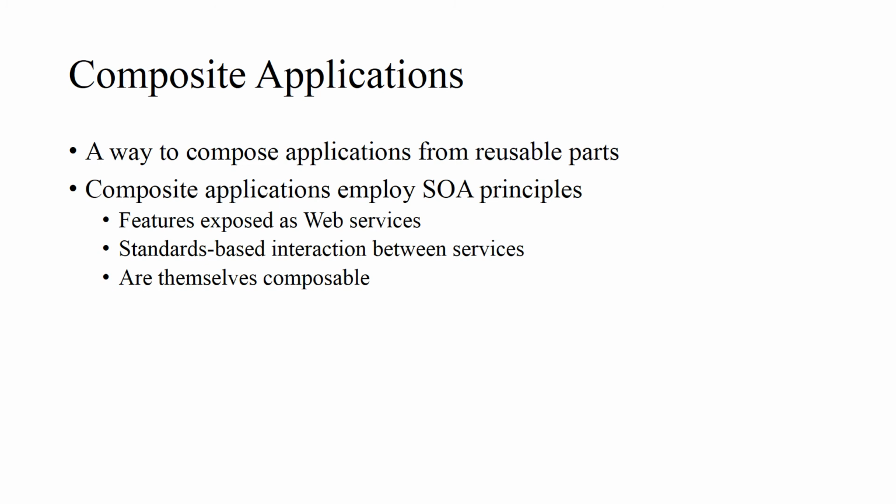The composite solution is a way to compose applications from reusable parts. Composite applications employ service-oriented architecture principles, exposed as web services. It has standards-based interaction between services, and SOA principles are themselves composable.